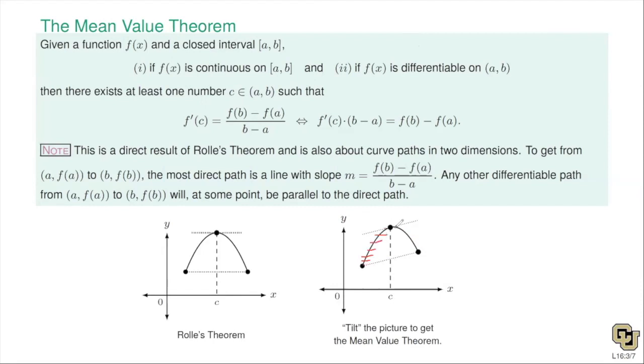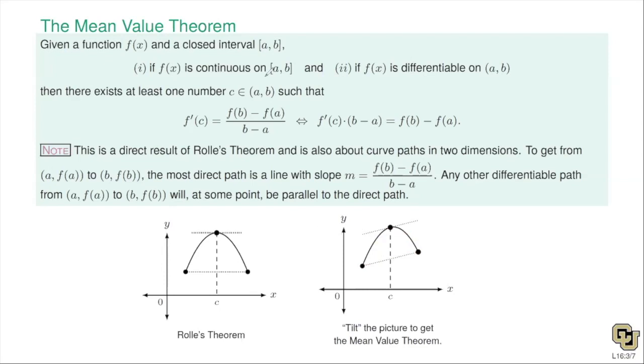It's not the most efficient, because we're arcing it up over in this case. But there's no way to avoid the direct path. Going from the left endpoint to the right endpoint, any path you take, at some point will have to be parallel to the direct path.